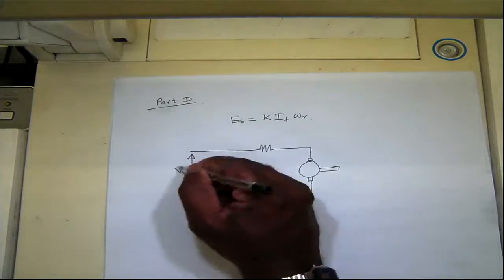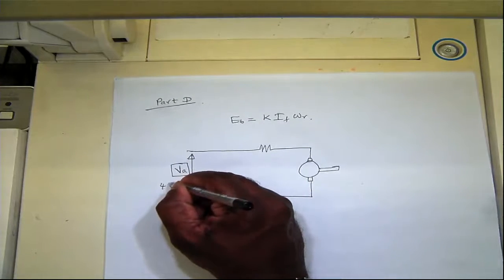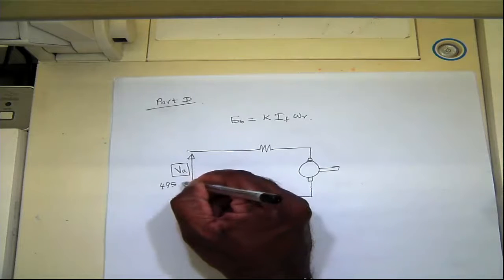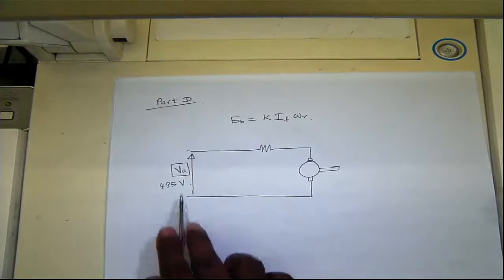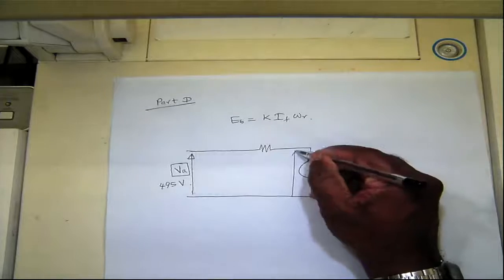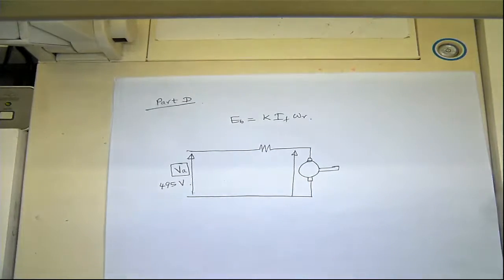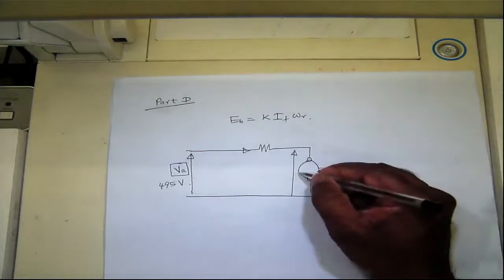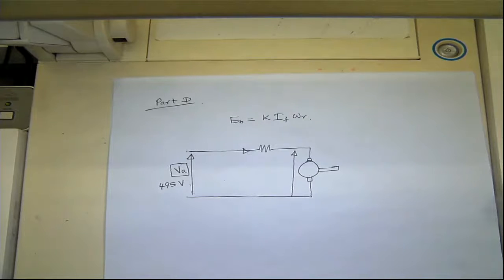Let's say this is fixed at 495 volts, for example. If it's limited at that value, you can't increase it above that value to supply the required current to increase the speed above 1500 RPM. Under that condition, we go into another mode called field weakening.